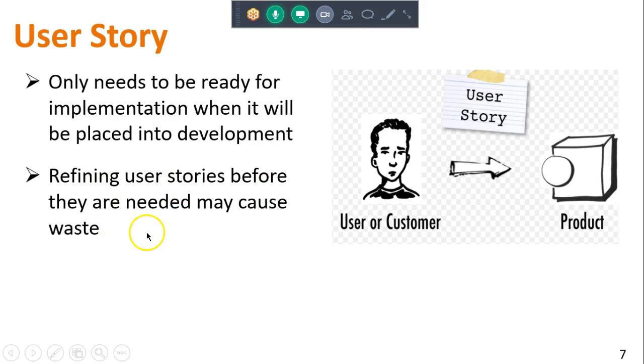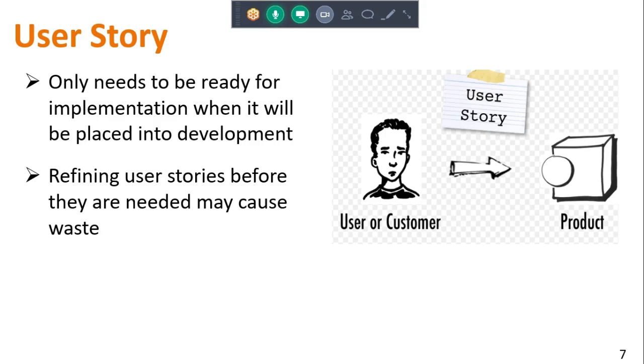The key here, again, when we're talking about well done agile development is just in time, so that you need enough information, enough detail about a user's story in the backlog to determine whether or not you can move forward with that particular user's story, but you don't need all of the detail.